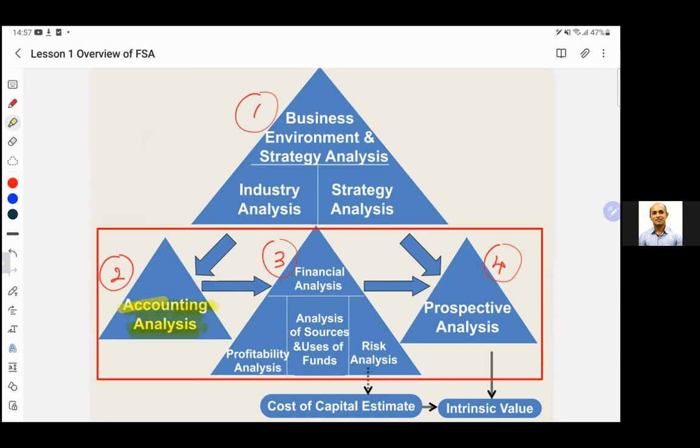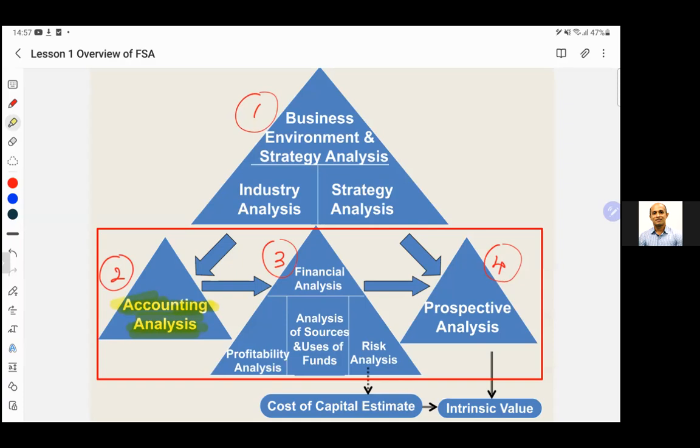So every time, keep in your mind that in the accounting analysis, we try to make the financial statements suitable for the analysis. For example, we see whether the accounting policies are consistently applied.